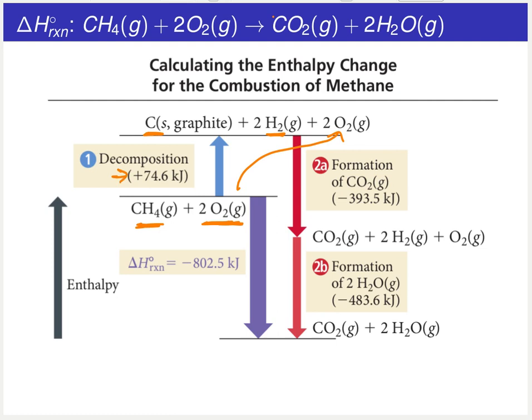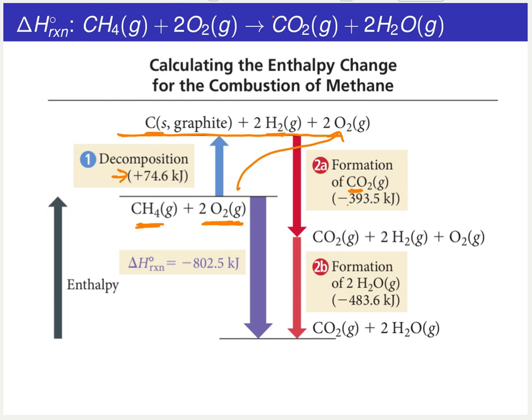So we're taking the opposite sign for the reactants, because we're now breaking apart, decomposing those reactants into their constituent elements. Then we take all of these elements in their most stable form and form the product compounds from these. And if we go back to the table, you can double check it for yourself.